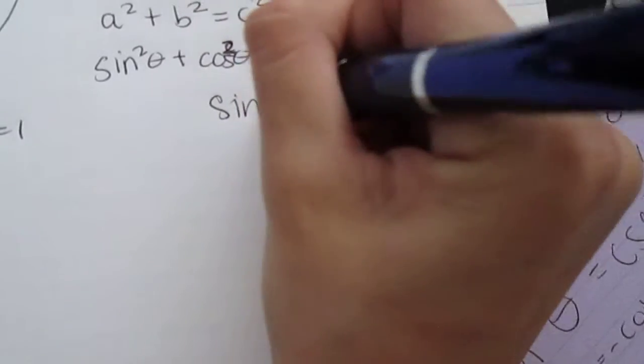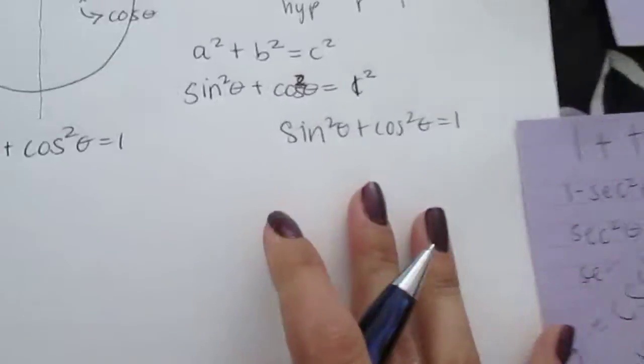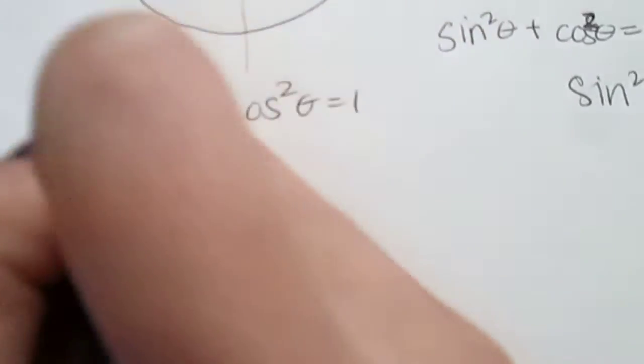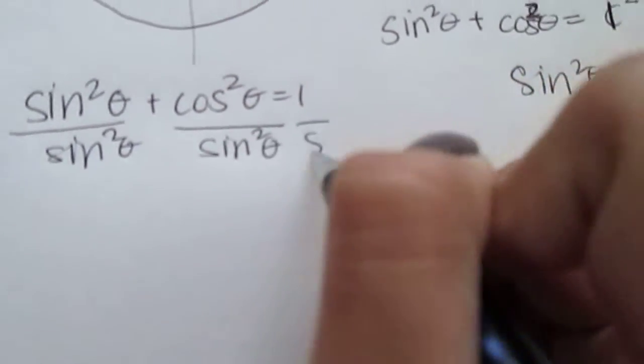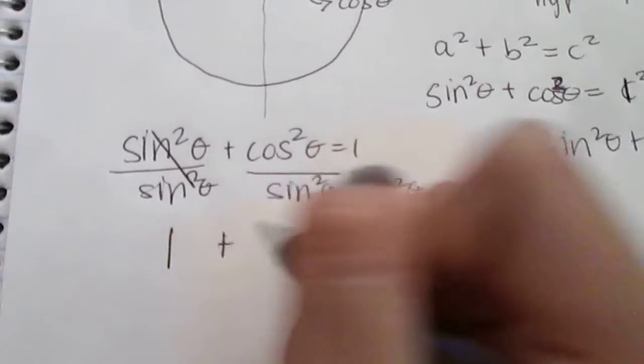So we can set it up. First we'll start and we can divide everything by sine squared theta. Here they cancel out and we get 1.